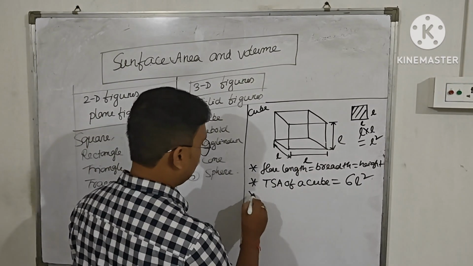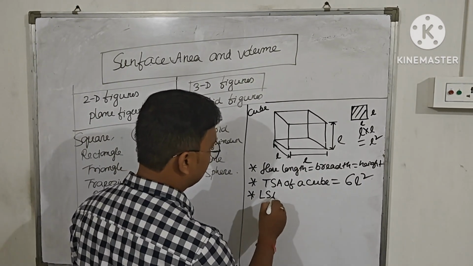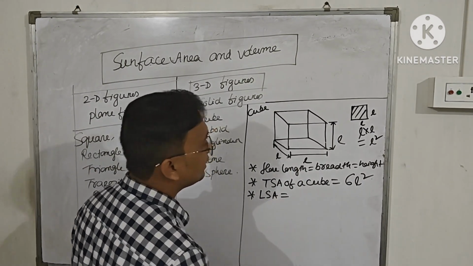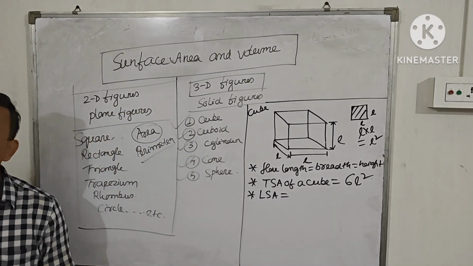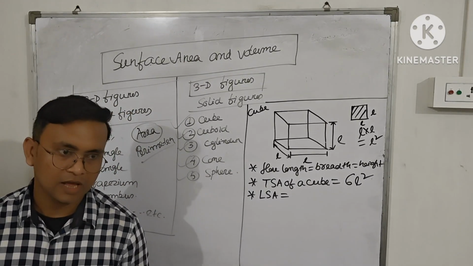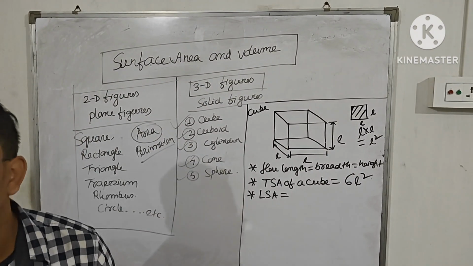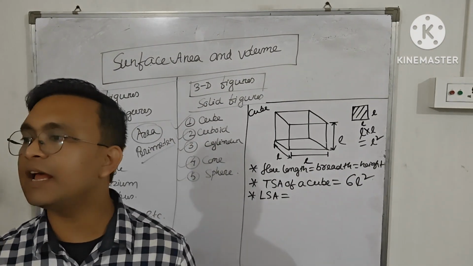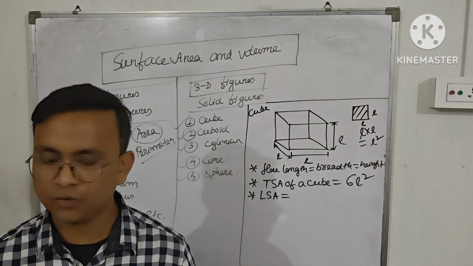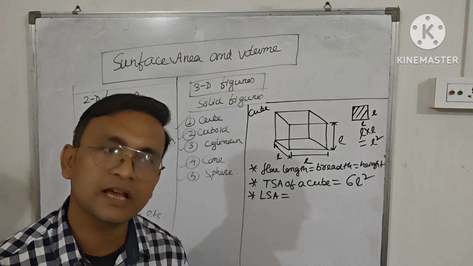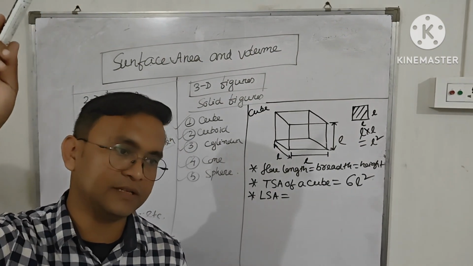Now what is LSA? LSA means lateral surface area. Suppose this room is a cube. Lateral surface means those surfaces which are around us. That means we have to exclude the bottom surface and we have to exclude the top surface.